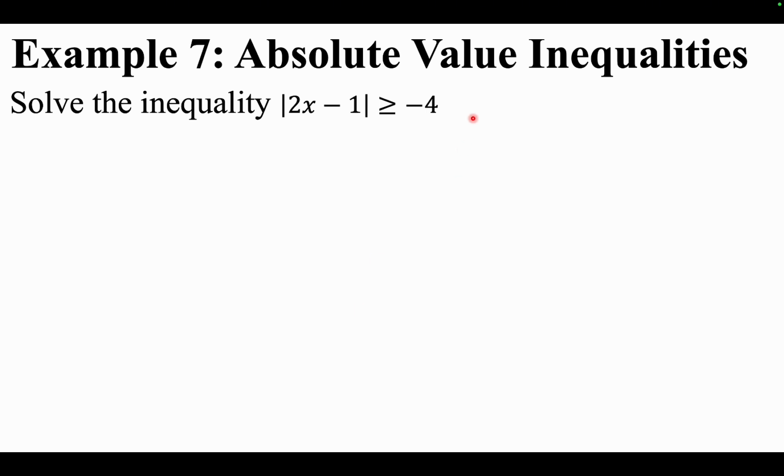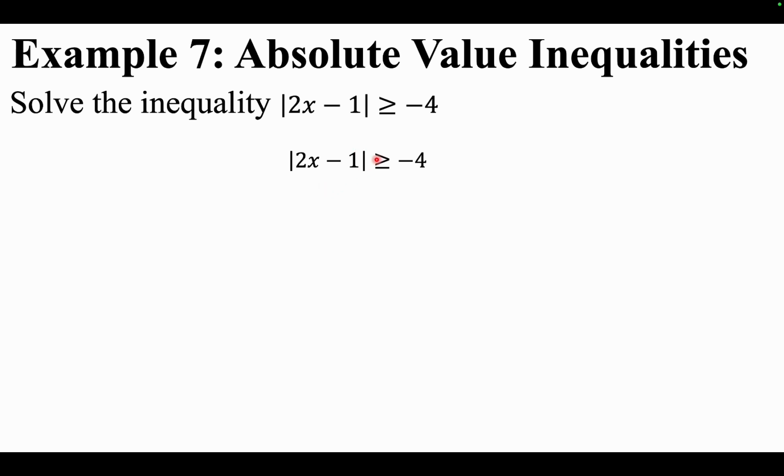Whereas, in example 7, we have the absolute value of 2x minus 1 is greater than or equal to -4. Well, the problem is that we have a negative number here, so case 1 or case 2 doesn't work in this case. So that means we're going to compare the smallest possible number this could be with this number. And we know that the smallest this could be is 0.